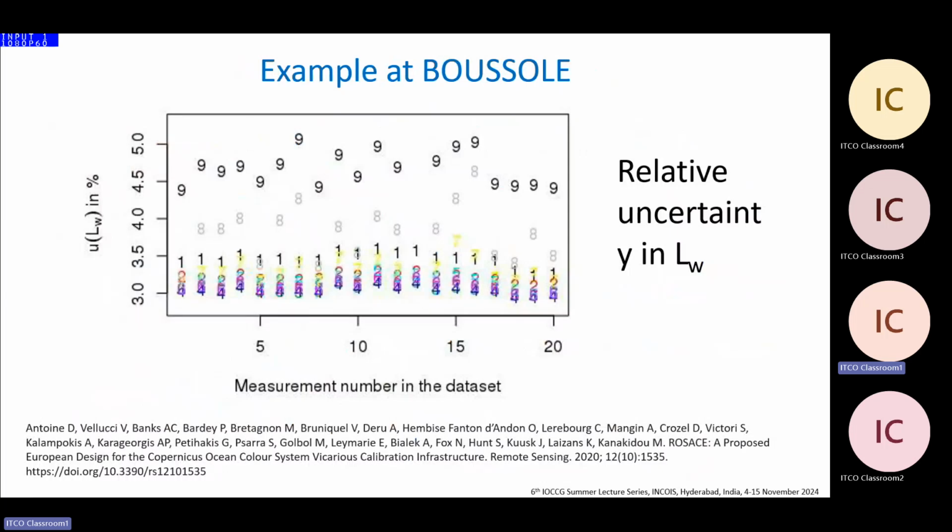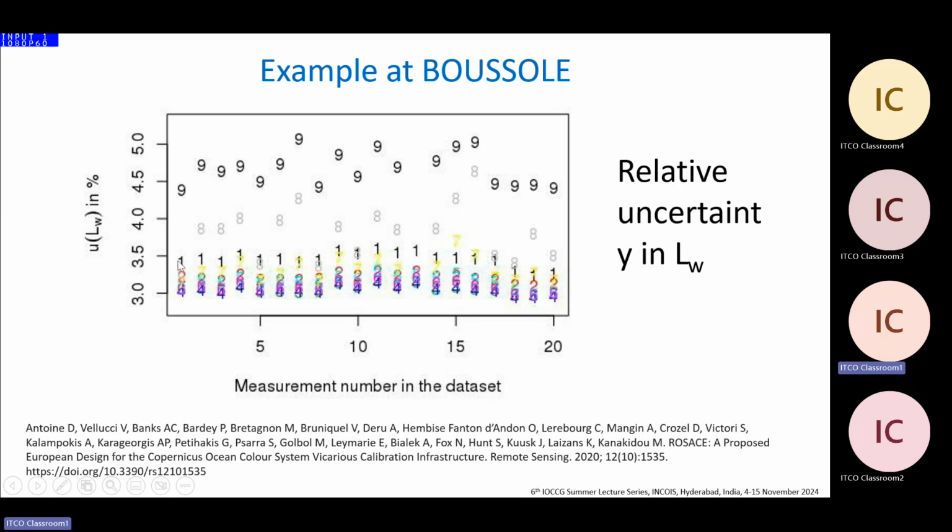And when we applied this Monte Carlo technique to this Boussole data set, this is what we ended up with, for instance. The vertical axis on this graph is the uncertainty in LW in percent, from 3 to 5, so the relative uncertainty in LW, and the numbers are the spectral bands.